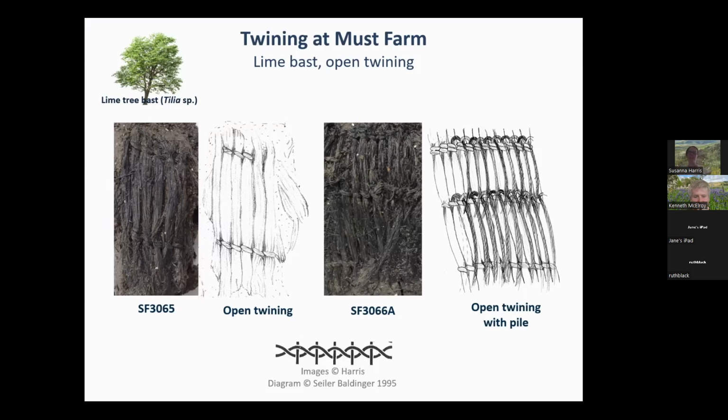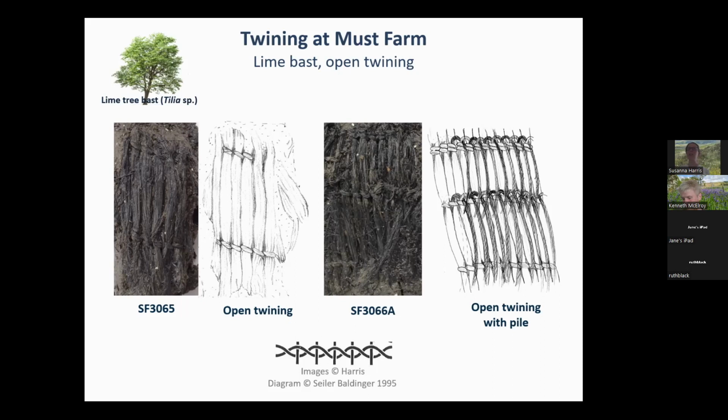But I wanted to give you a snapshot there of these technologies, how they've developed really over time, but also the great continuity of these. But Must Farm adding in that sense of the production in a settlement site, of people making these, the industry, the way people would have been using lime bast for the twining and the flax to make the textiles. So these are plants in their environment they were using for fibre.